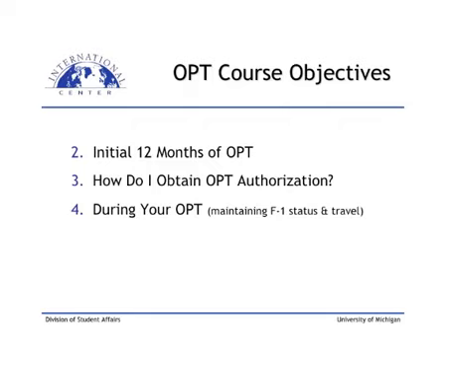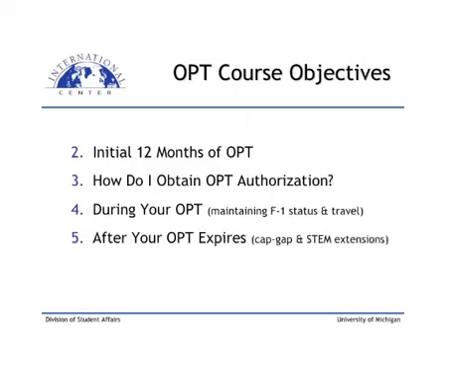You will also receive important information on what you must carry with you when traveling outside of the United States. The next section after that will explain the CAP-GAP and STEM extensions and let you know who is eligible for those extensions. Finally, you will complete this course by printing your online OPT completion certificate.